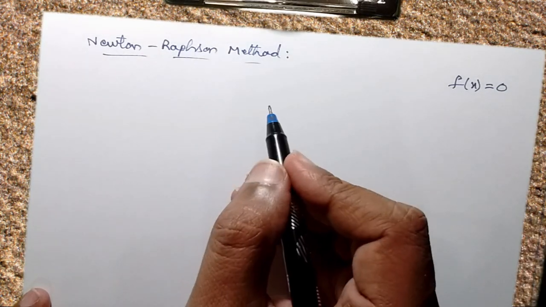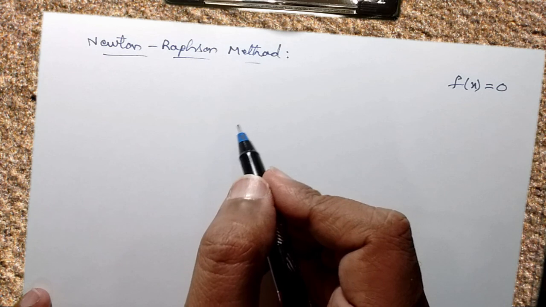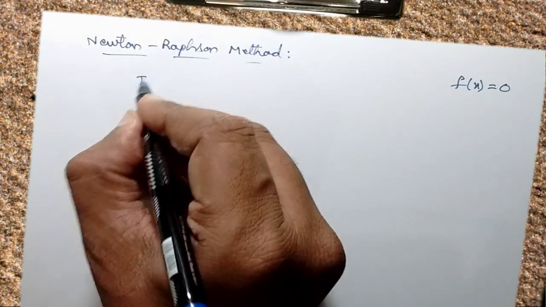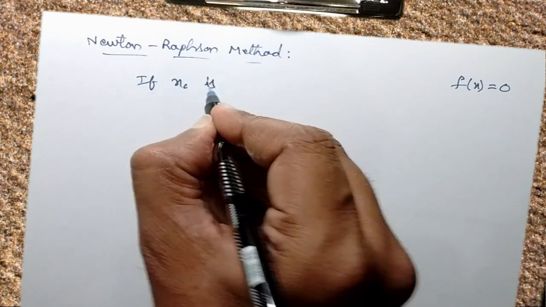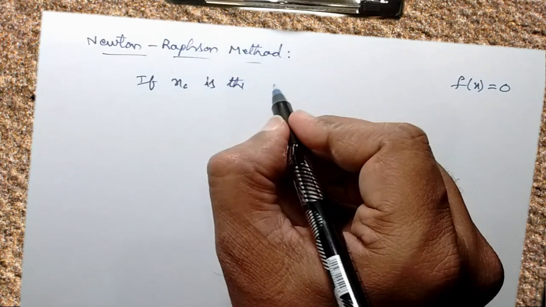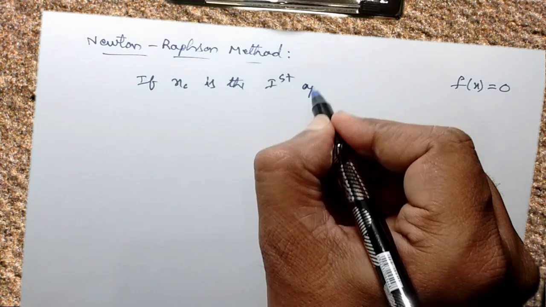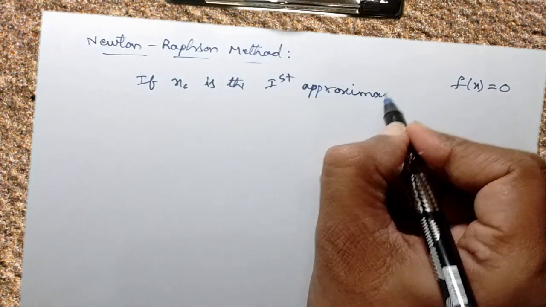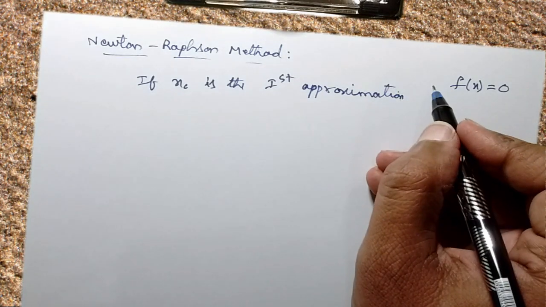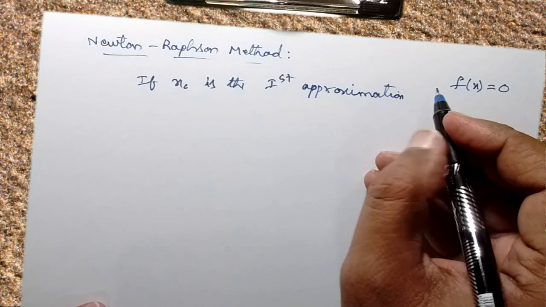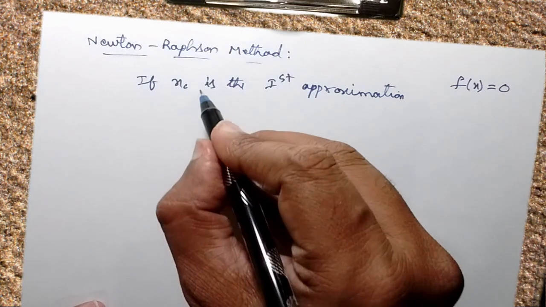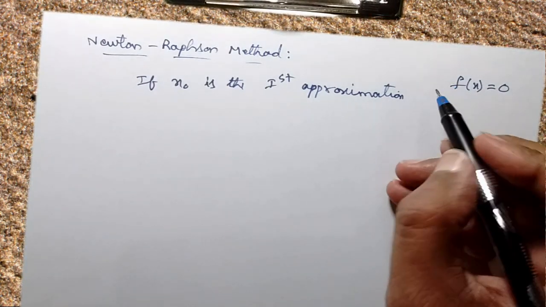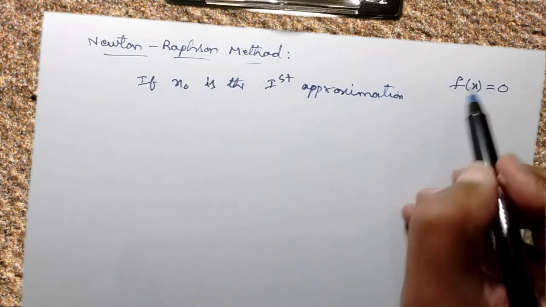What is the formula for the Newton-Raphson method? Suppose x0 is the first approximation of the root of this equation.